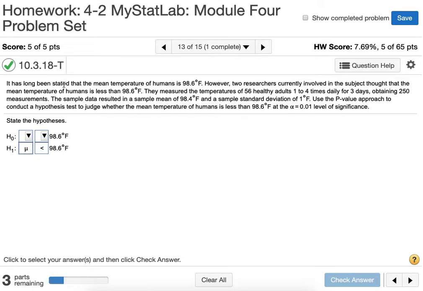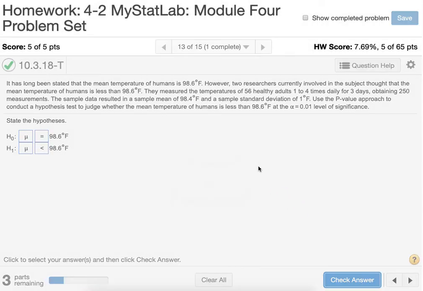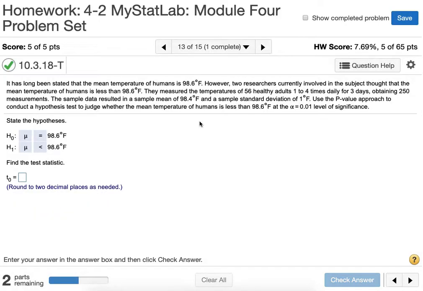And then our null would just be that the mean temperature of humans is 98.6 degrees Fahrenheit. So we got that one. Let's make sure that's right. Okay, that looks good.